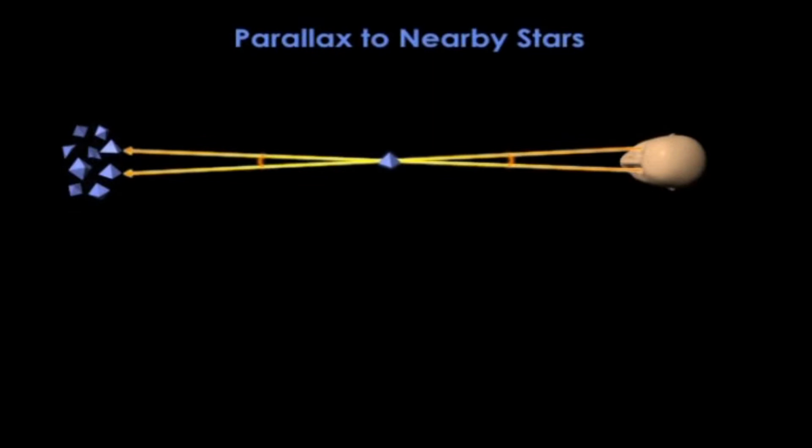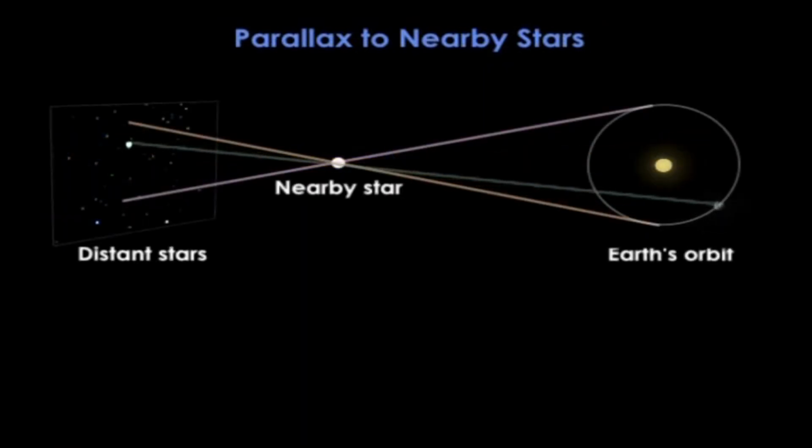So now that we have a securely measured orbit for the Earth, we're ready to move on to our next step in the distance ladder and reapply the triangulation method to measure the distance to stars, using the Earth's orbit as the base for our skinny triangles. This is almost an identical illustration to our first one of human binocular vision, but it replaces the human head with the Earth's orbit.